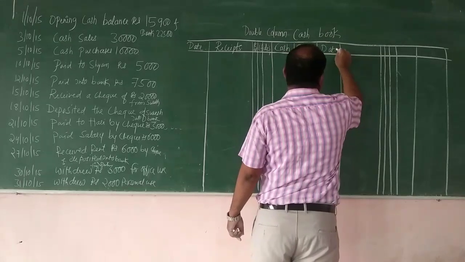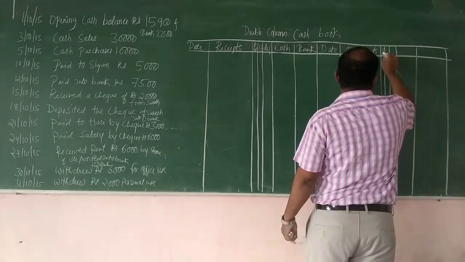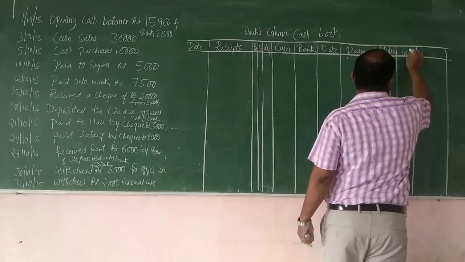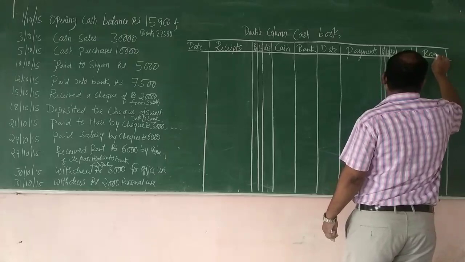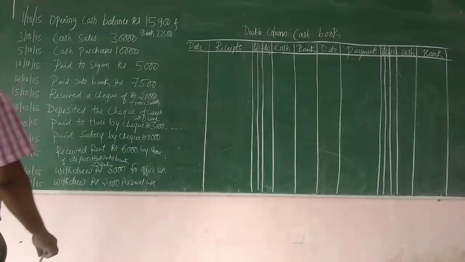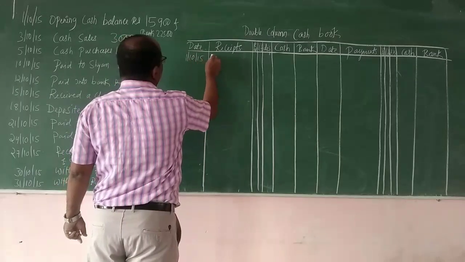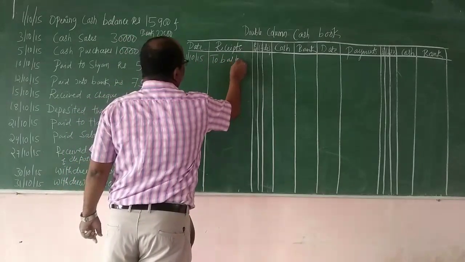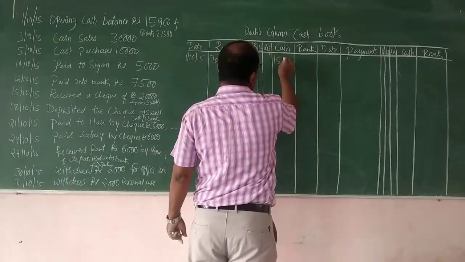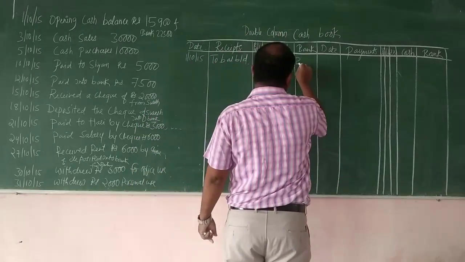Date, payments, voucher number, LF, discount, cash, bank. So the opening balance of cash on 1/10/2015. Two balances are down. 15,900 is the cash balance and bank balance is 22,500.